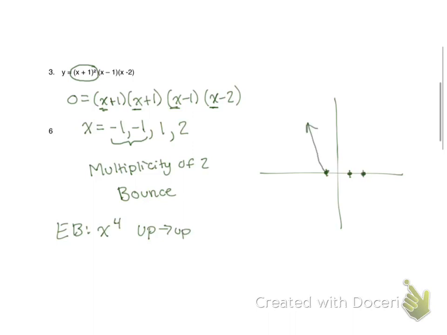So over here it's going up, and over here it's going up. Where does the bounce happen? It happens at -1. So you're going down, it's going to bounce off, and then everywhere else it's going to cross. Again, very rough sketch of what that looks like.